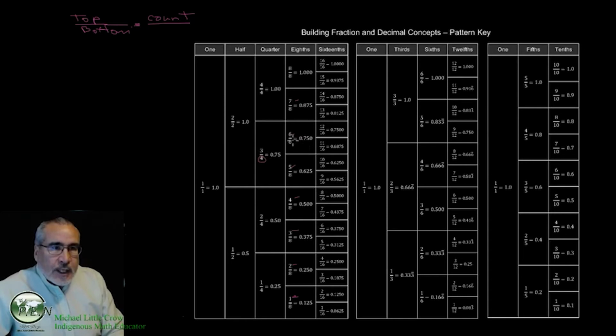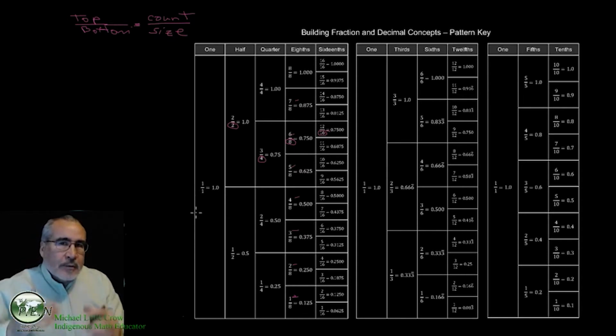And as the number in the bottom gets bigger, the size of the piece gets smaller because it's been divided more times. So a piece with a 16 in the bottom is much smaller than a piece with a 2 in the bottom. So the bottom gives us a representation of the size of the fraction itself in comparison to the unit it came from. And we're going to see that's a very important concept with fractions.